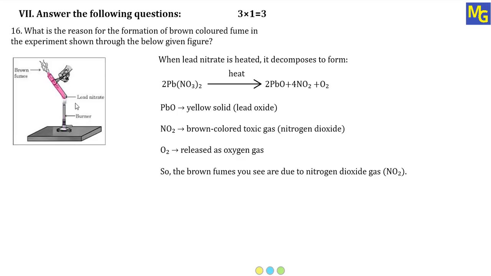In this test tube we have taken lead nitrate, and once we heat this lead nitrate, we are going to get brown fumes. So first we have to write the reaction of heating this lead nitrate, and check which chemical formation is giving brown colored fumes, and we have to explain that reaction here. So let's write the answer.